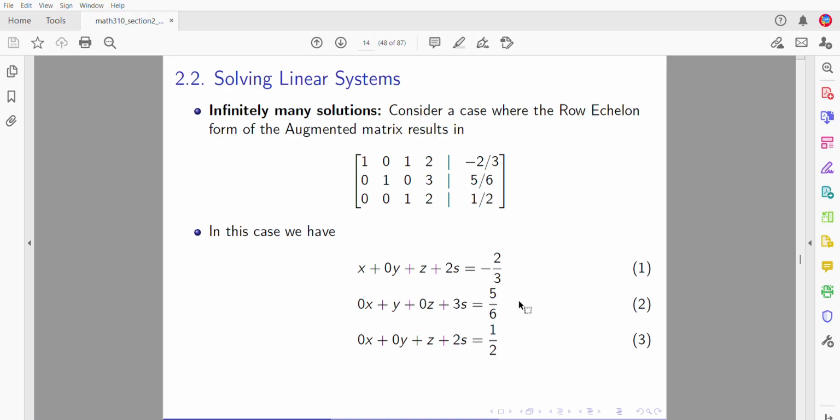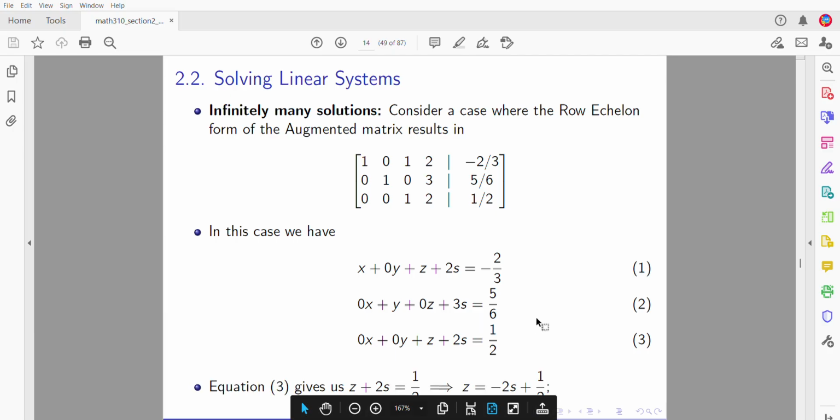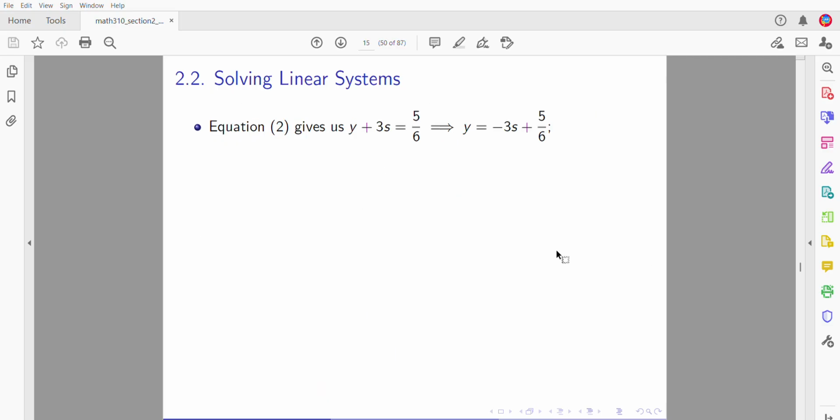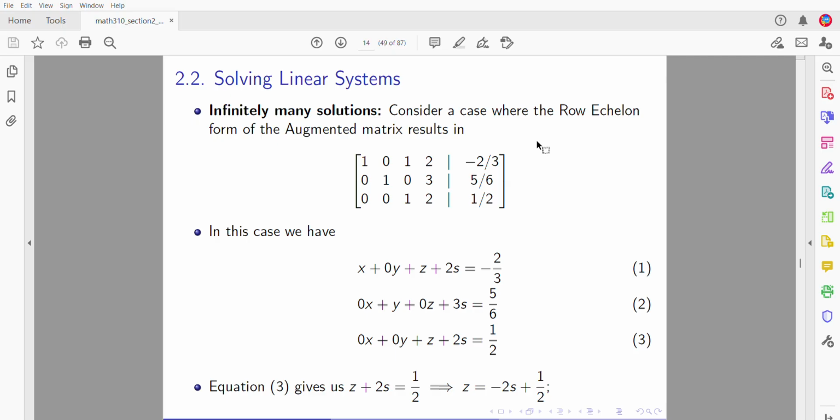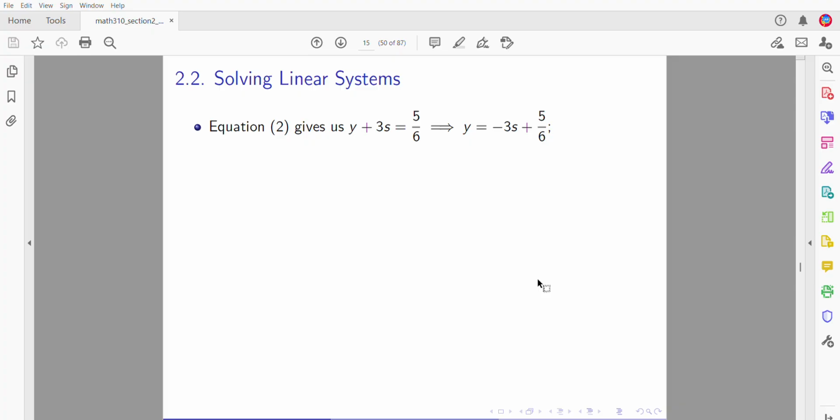Always start from the last one. z plus 2s equals half. That is, z equals negative 2s plus 1. Work backward, which tells us y plus 3s equals 5/6, which means y equals negative 3s plus 5/6. Now work backward some more. x plus 2s equals negative 2/3, so x is negative 2s minus 2/3.